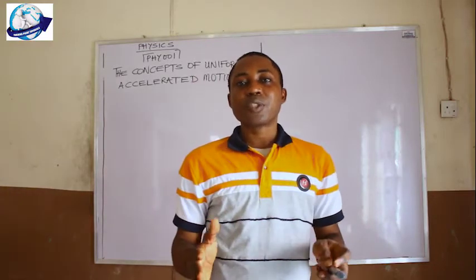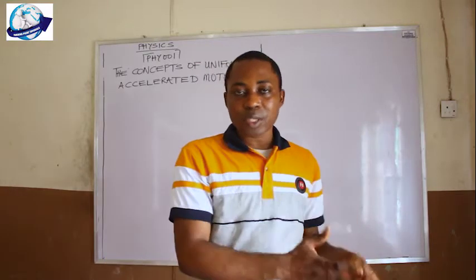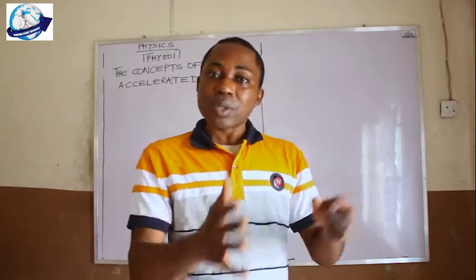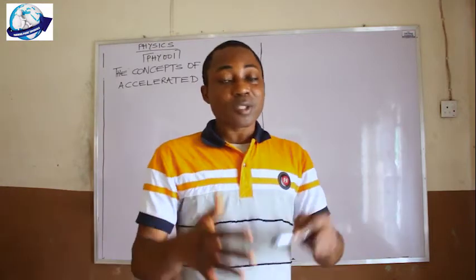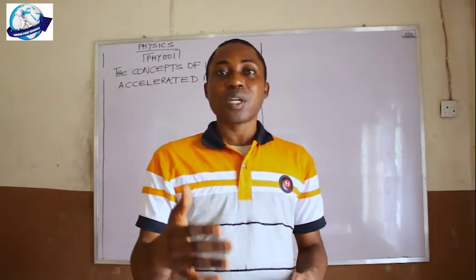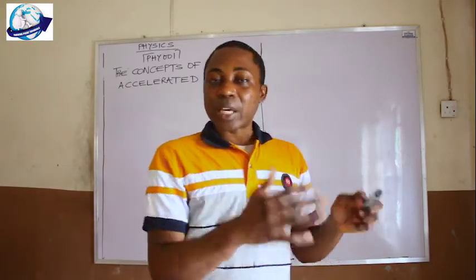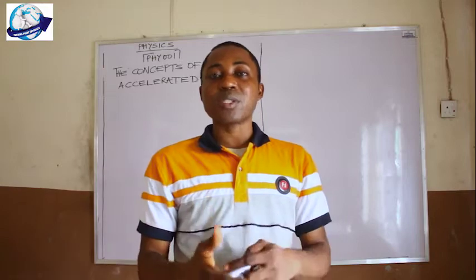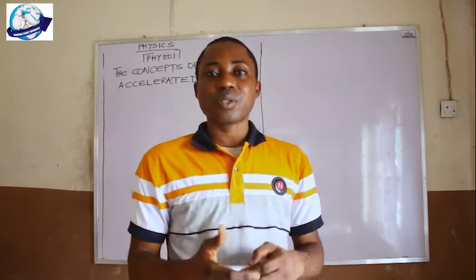And along the line, we'll talk about the relationships between the acceleration, uniform velocity, and some other quantities too. We'll talk about initial velocity and final velocity, time, as well as displacement or distance, and how they are related. That will now lead us to the equations of motion.